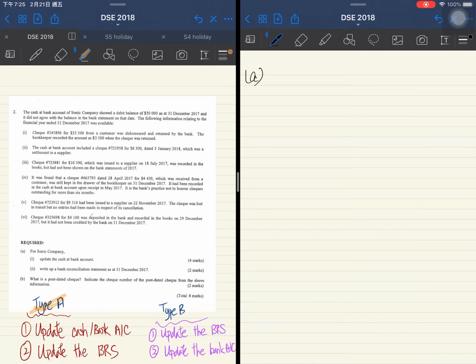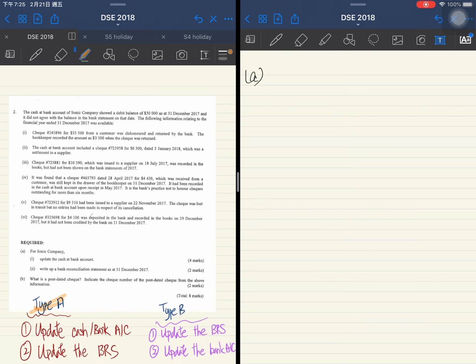The next step is, according to these six pieces of information, we have to decide whether it is updated on our bank account or on the BRS. Actually we can do A1.